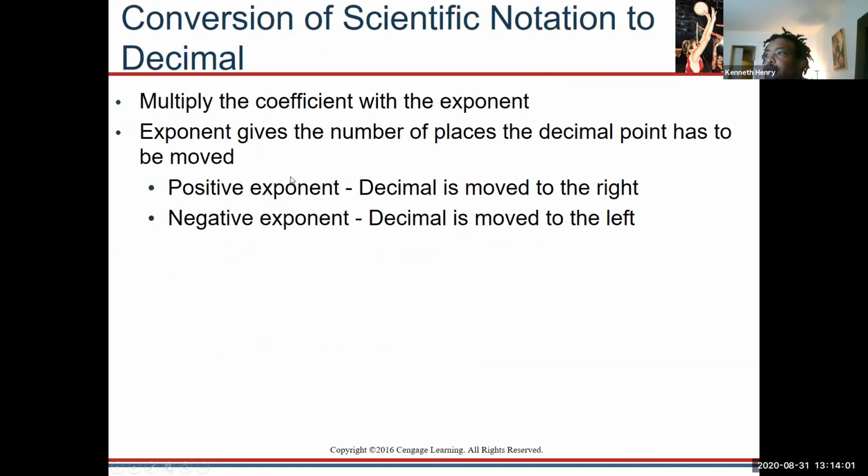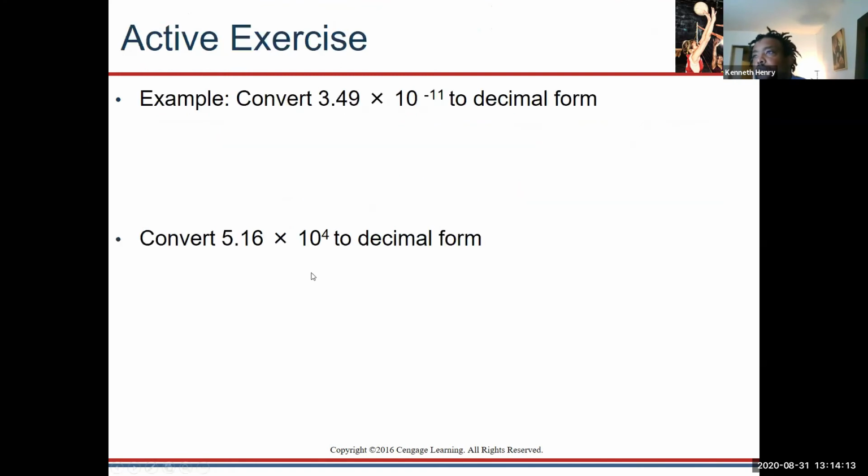Okay, so now that was basically converting decimal to scientific notation. But if we're converting scientific notation to decimal, let's see, Brian, do you want to do the first one?